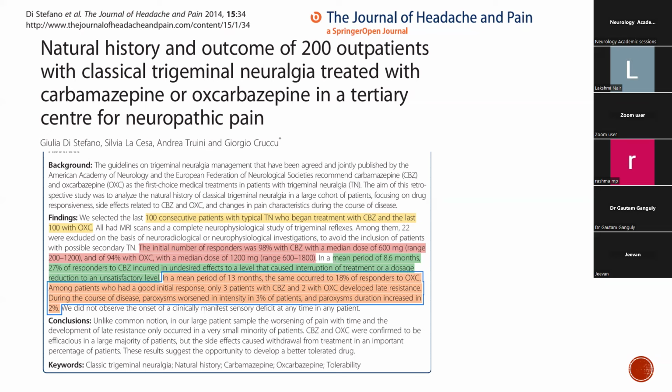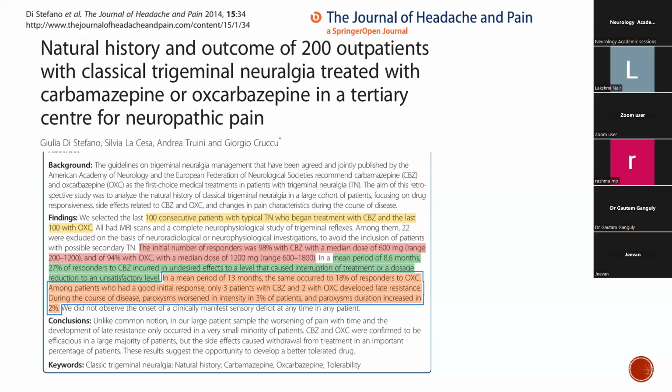The initial number of responders was 98% with carbamazepine, at a median dose of 600 mg, whereas 94% responded with oxcarbazepine, maintained at a median dose of 1200 mg.